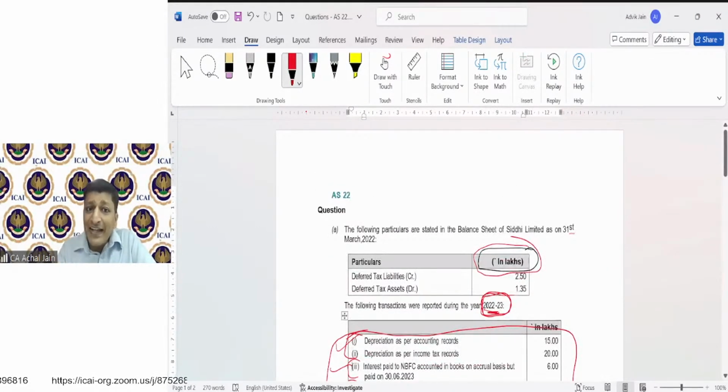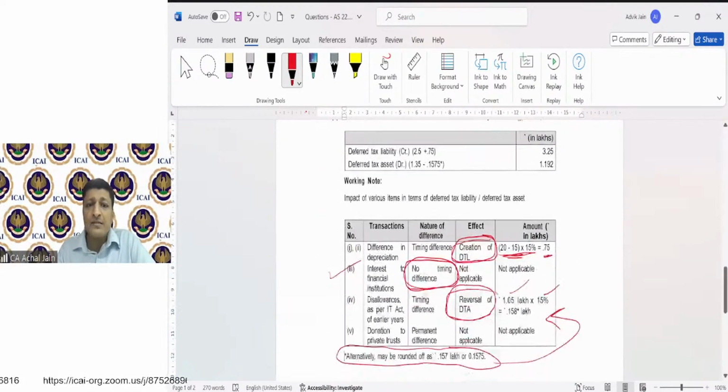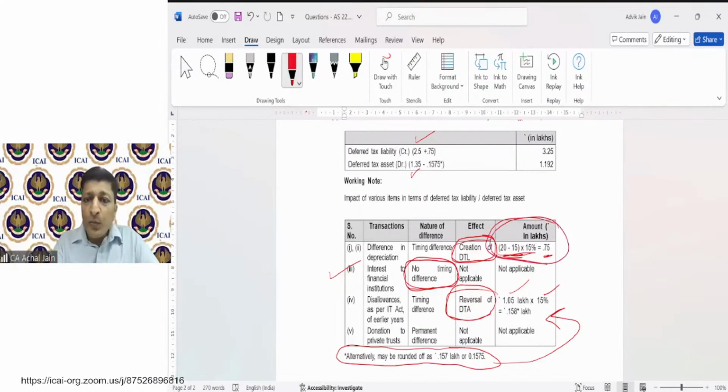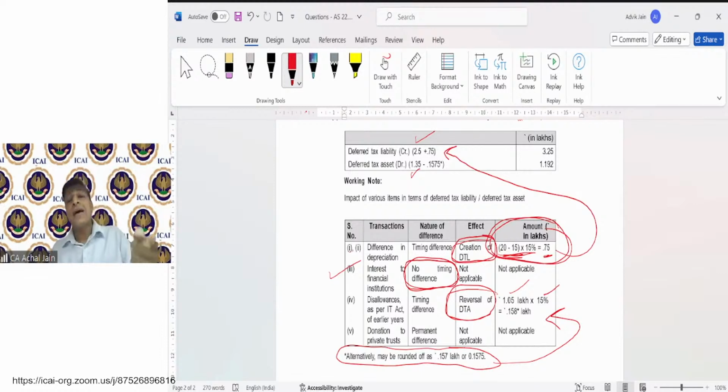Now, in the beginning, what did we have? We had DTL 2.5 lakhs and DTA 1.35 lakhs. Now, during the year, a DTL has got recognized amounting to 0.75. So you will take it over here. Therefore, the balance of DTL will become 3.25.